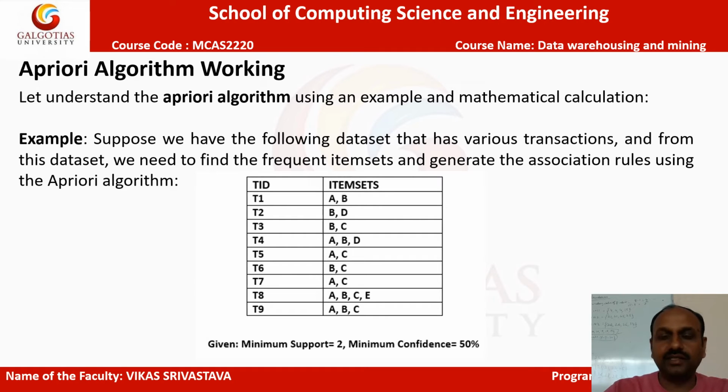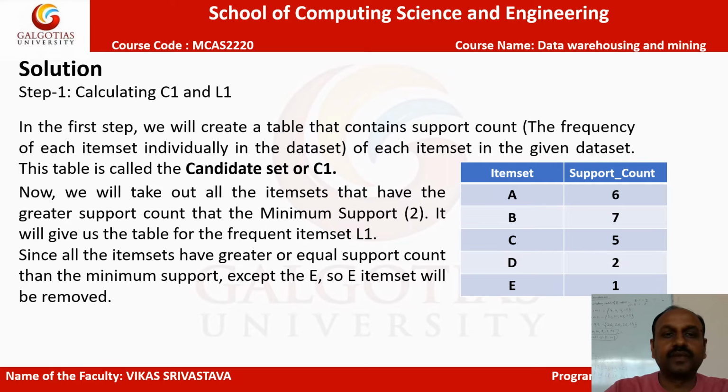Now let's see step by step. In the first step, from the transaction table, we will create one candidate set. In this candidate set, we will write all the items occurring in the transactions table.